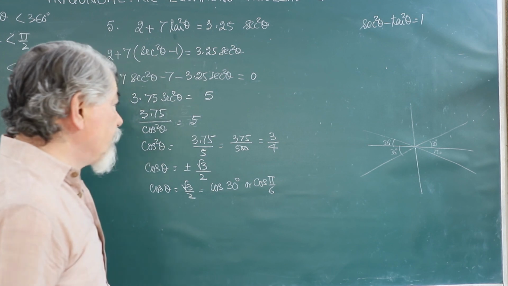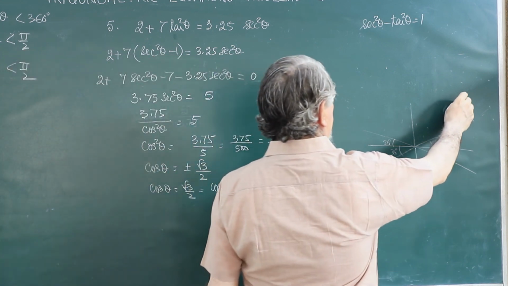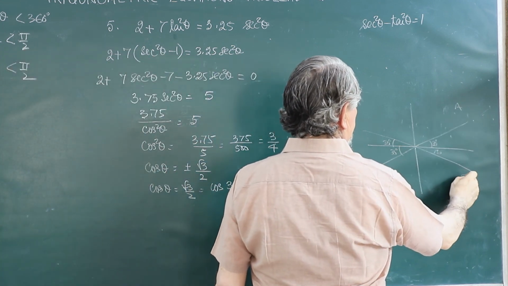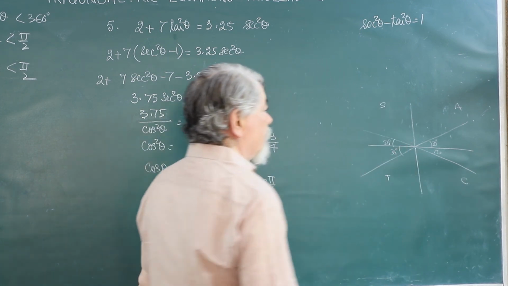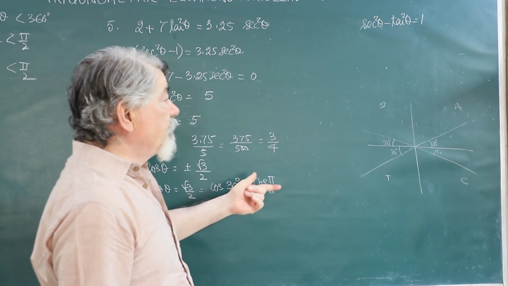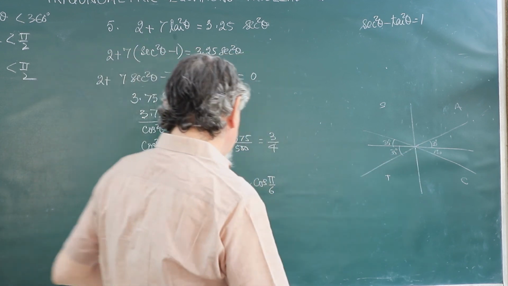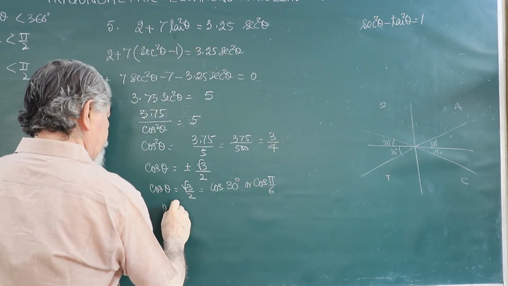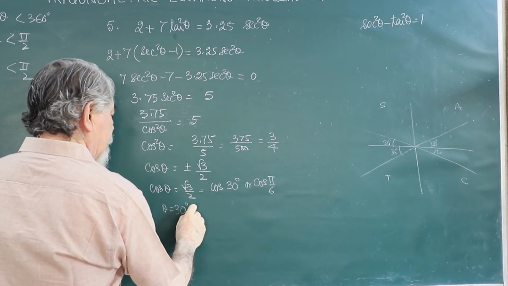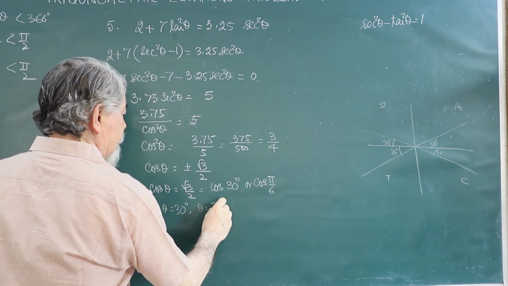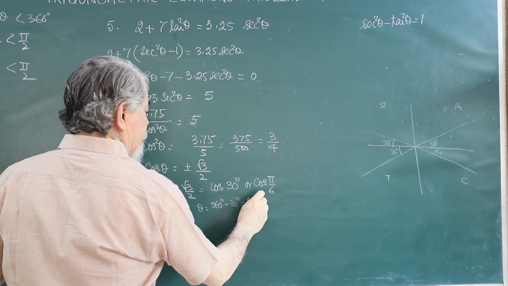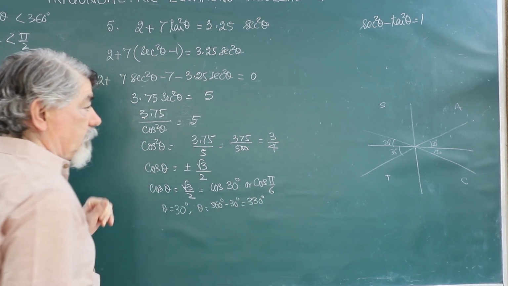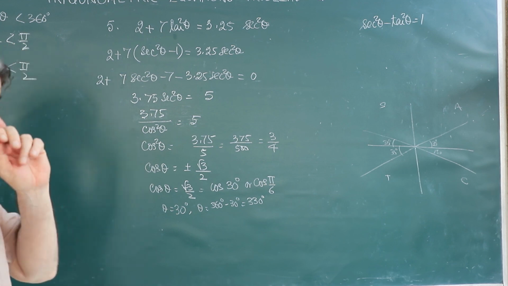Now when I am taking positive, in terms of cos, I will get the values here. Either I will get theta as 30, or I will get theta as 360 minus 30, that is 330. This is when cos is positive.